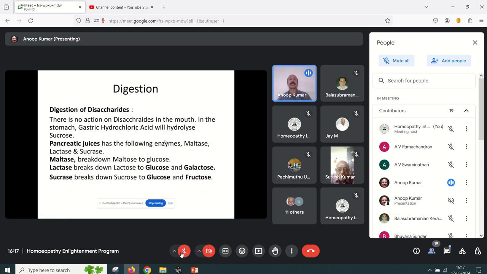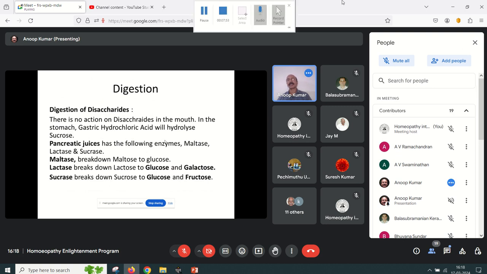Now, digestion of disaccharides. There is no action on disaccharides in the mouth. In the stomach, gastric hydrochloric acid will hydrolyze the sugars. Hydrolyze means it breaks down the sugars. Pancreatic juice also has enzymes like maltase, lactase, and sucrase.